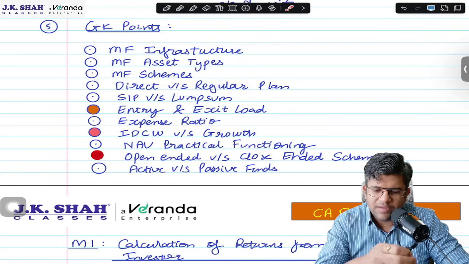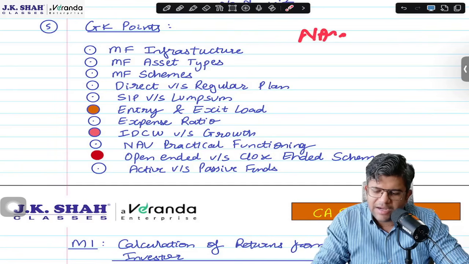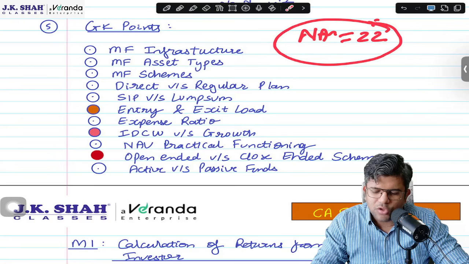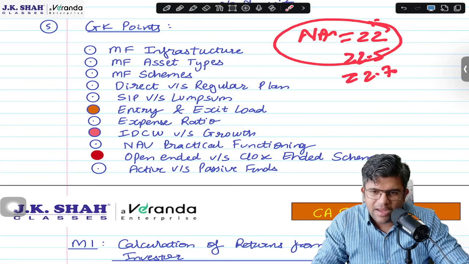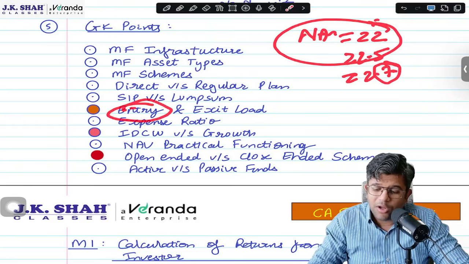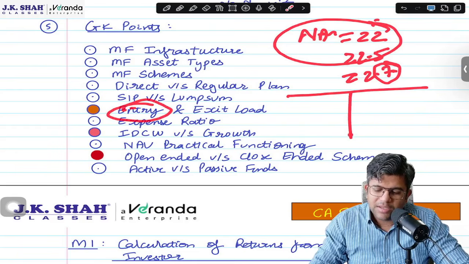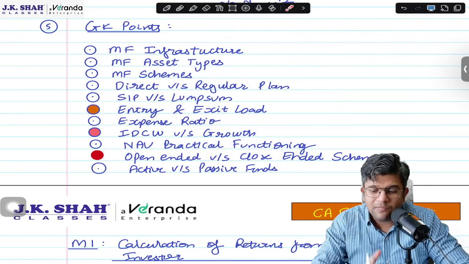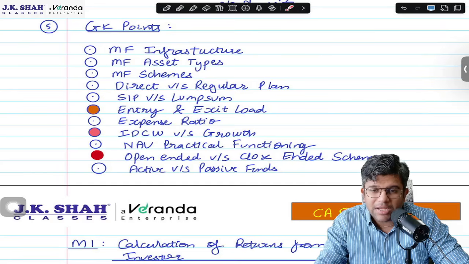So if the NAV is, let's say, 22 rupees when you are buying it, these people used to charge you 22.5 or 22.7, and they used to say the extra money that we are asking you is called the entry load. But in your books the NAV used to appear as 22 only, but you were paying them 0.5 or 0.7 extra, which was not being counted as your investment.